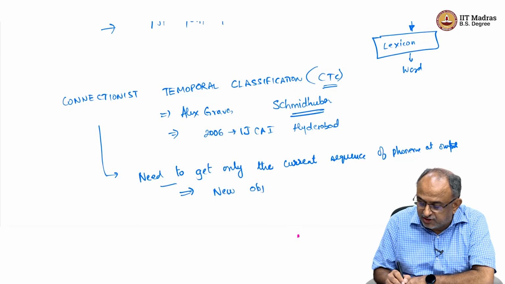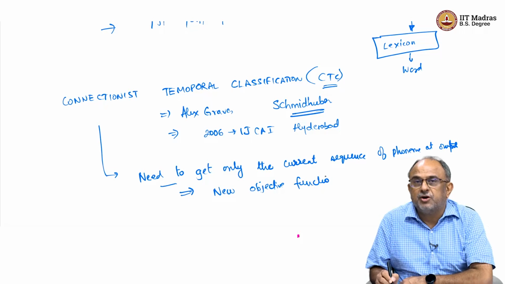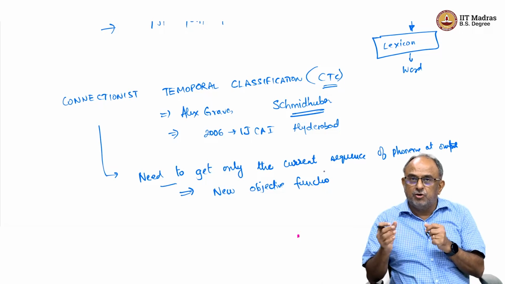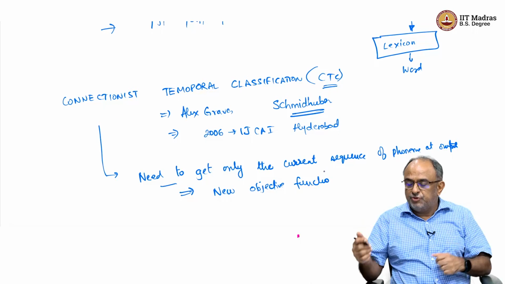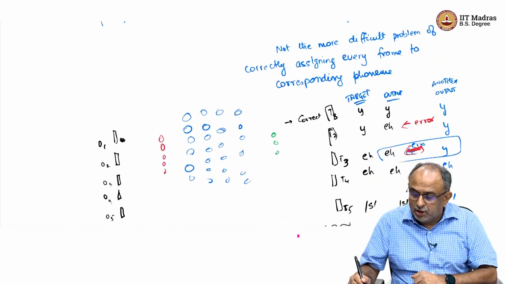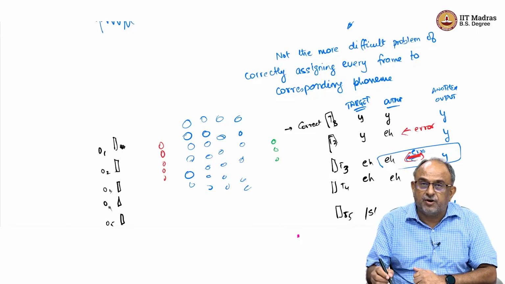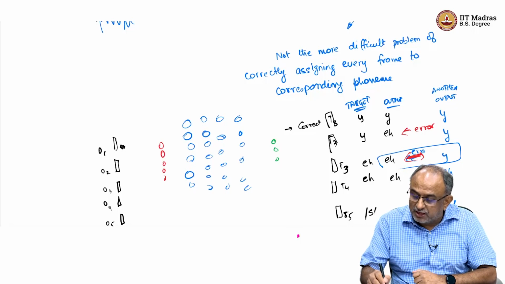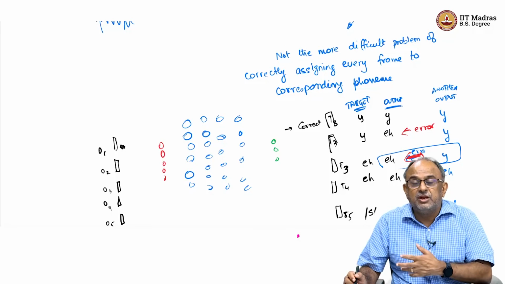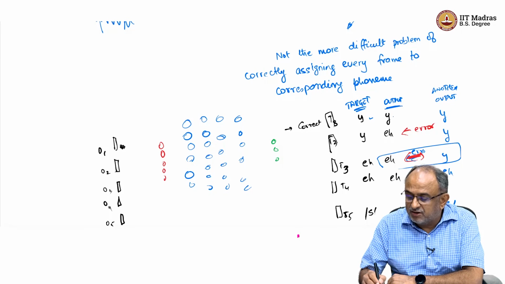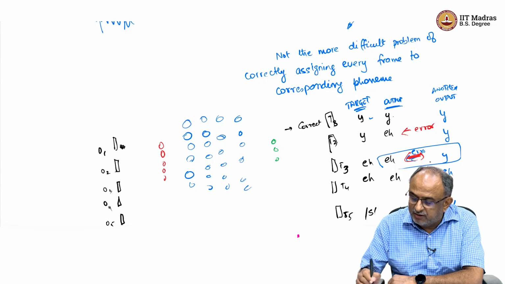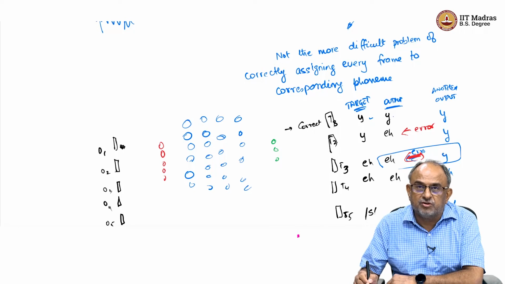The old objective function was what? So he has changed the objective, right? Remember, we need some kind of error measurement. We need to know what error we are making, and then we backpropagate, right? So our criterion is that you should not make an error at every frame, whatever is the target you should get at the output. That is a very strict condition, right? So if y is here and y is here and y is there and it estimates something else, you are going to say it's wrong, and even if it is identified as y, you are going to say it's wrong.